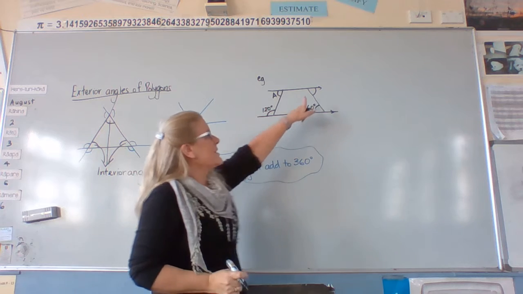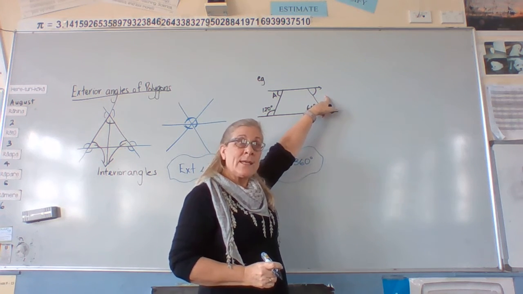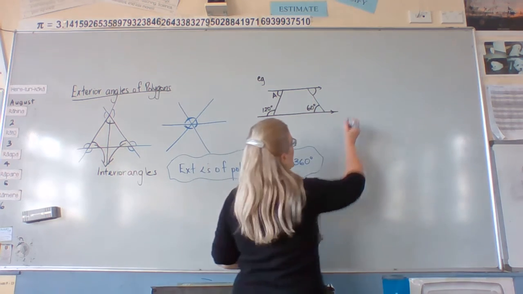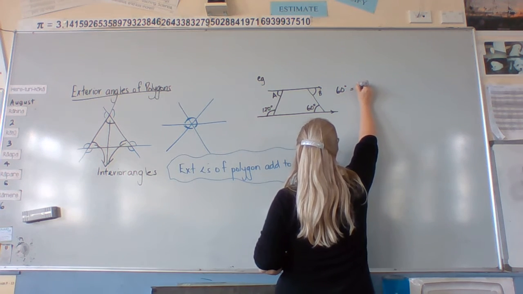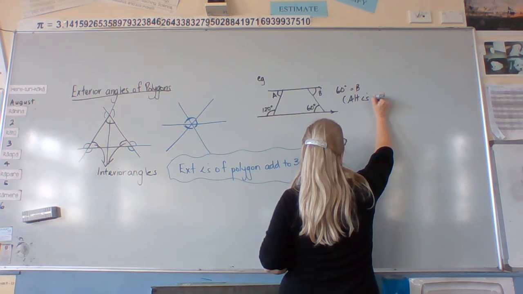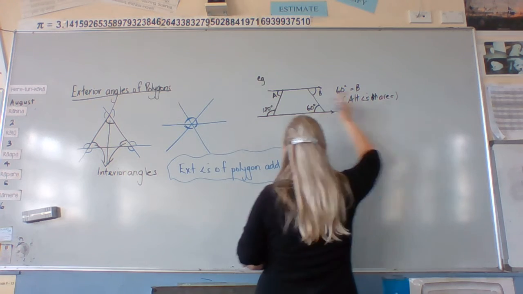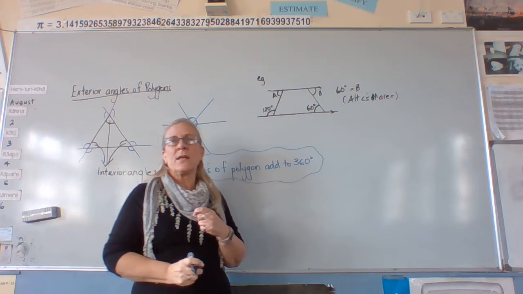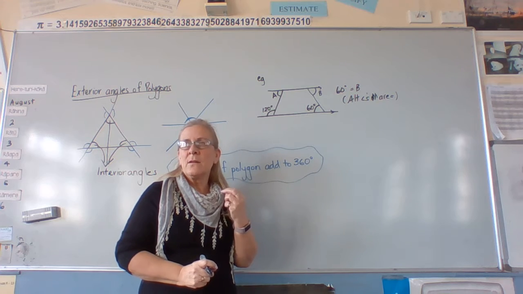All right, so what's this angle? 60. Why? They are alternate. Good, well done. 60, so B is going to be 60, alternate angles on parallel lines are equal. And this one is going to be, looking at it, does it look like it's 120? No, go. Always use your eyes as well.